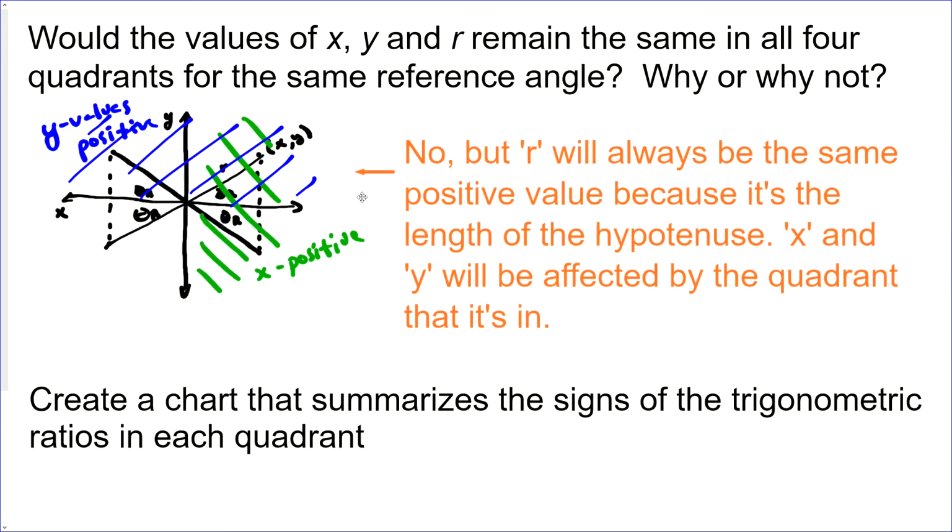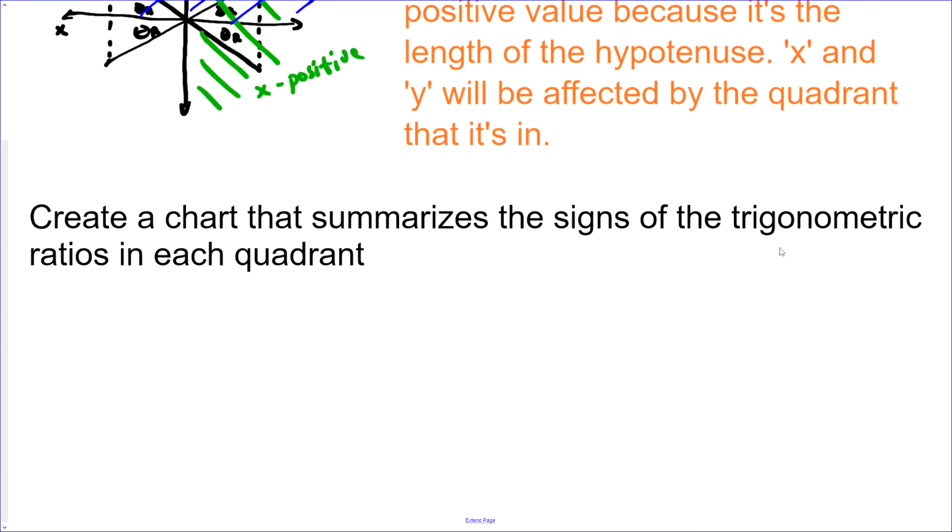So the x and y values will be different, but the absolute value of them will be the same because these are the same triangles, just reflected into different quadrants. They have the same reference angle, the same hypotenuse. So the x values will be the same for quadrant 1 and 4, and they'll be just the negative in quadrant 2 and 3.